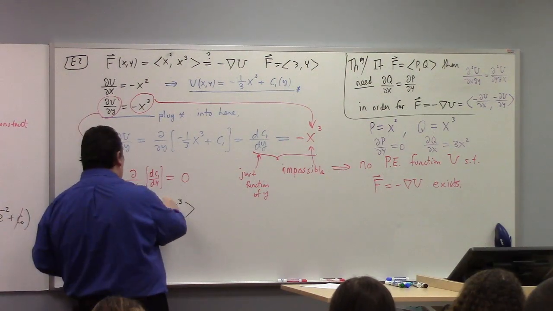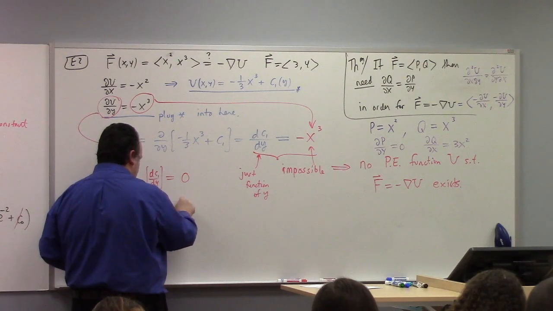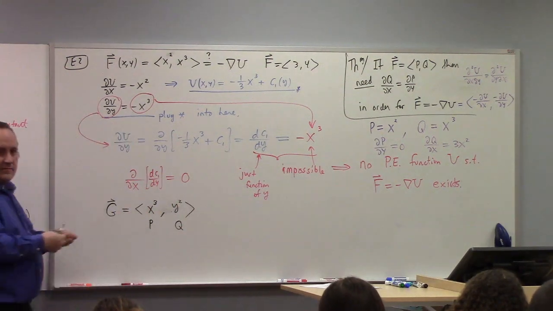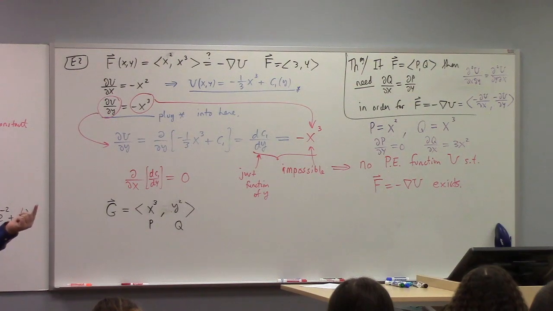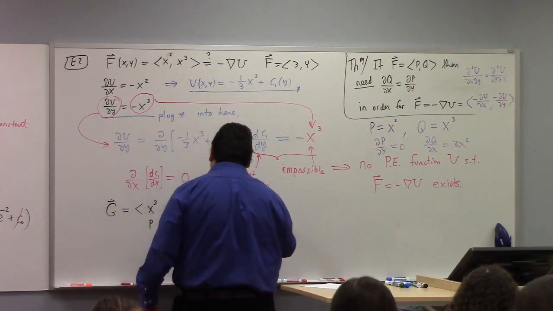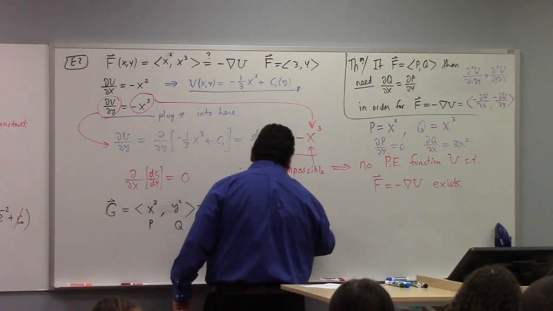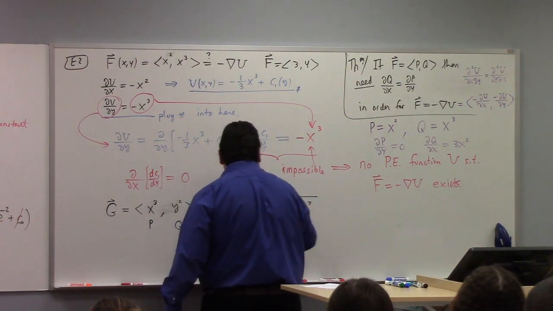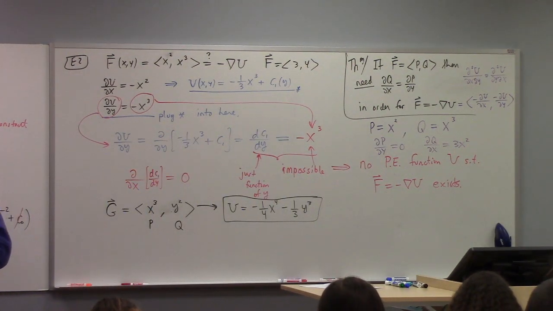If I put my x cubed over here and my y squared over here, then sure, the y derivative of the x component is 0 and the x derivative of the y component is 0. And the potential energy is what? I can write it down: minus 1/4 x to the 4th minus 1/3 y cubed. There you go. We don't have to do this multi-step integrate-and-substitute process.